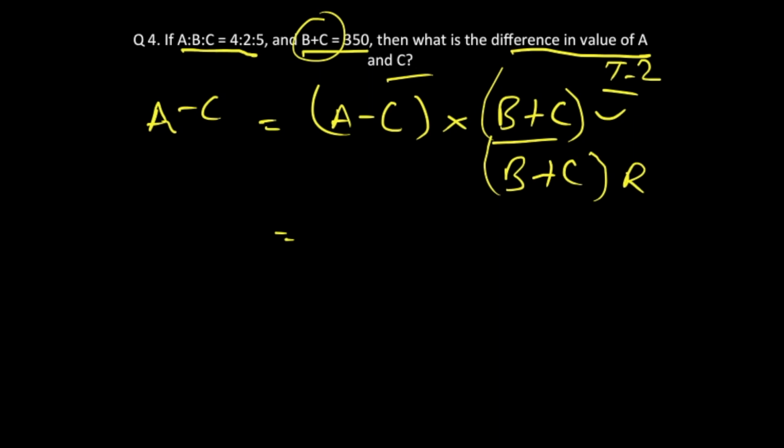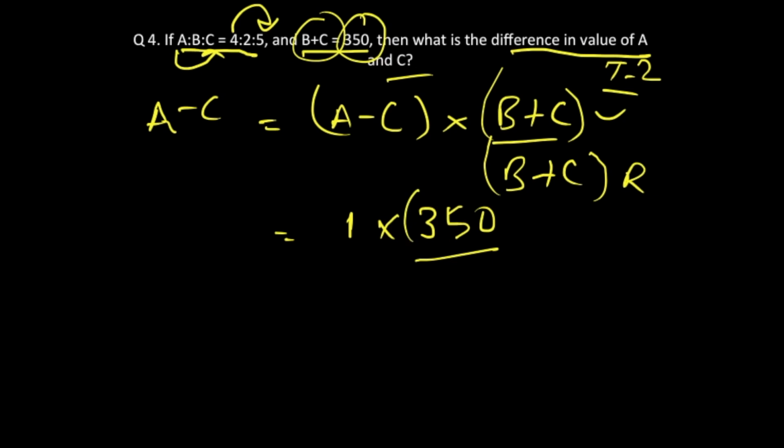So from here you can find out the difference between A and C is 4 minus 5 or 5 minus 4. So the difference is 1. You are multiplying it by the absolute term, that is 350. This is our absolute sum of B and C, and addition of the ratio value of the given expression.